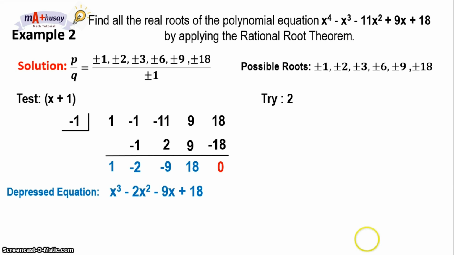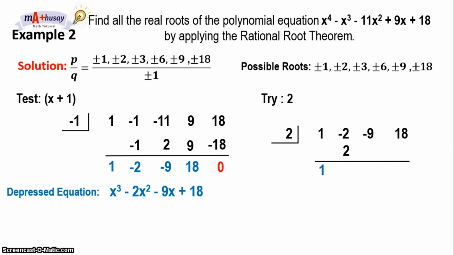This time, I want to test if 2 is a root of the polynomial equation. So, copying the numerical coefficients of our depressed equation, we have 1, negative 2, negative 9, and 18. By synthetic division again, the number that should be written here is 2. Now, to solve this, we bring down 1. 1 times 2 is 2.